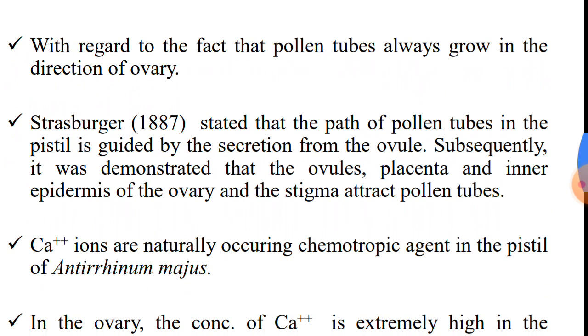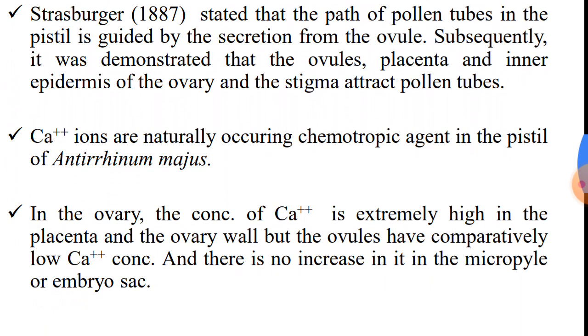With regard to the fact that pollen tubes always grow in the direction of ovary, Strasburger in 1887 stated that the path of pollen tubes in the pistil is guided by the secretion from the ovule. Subsequently, it was demonstrated that the ovules, placenta and inner epidermis of the ovary and the stigma attract pollen tubes.